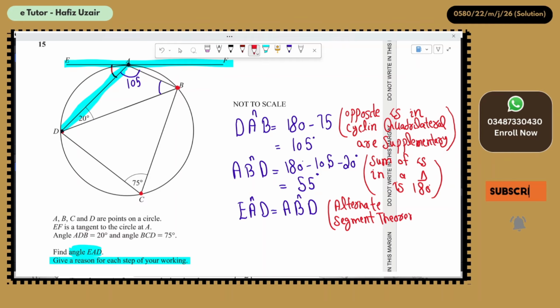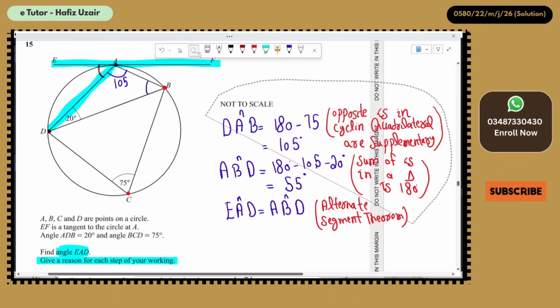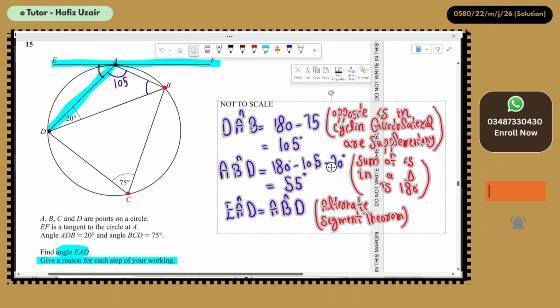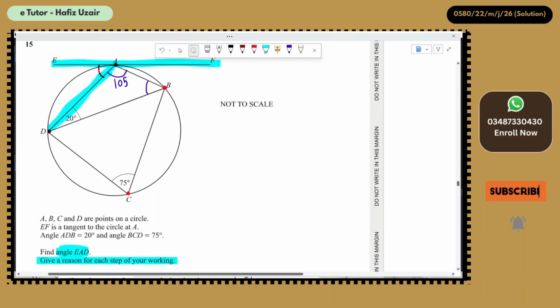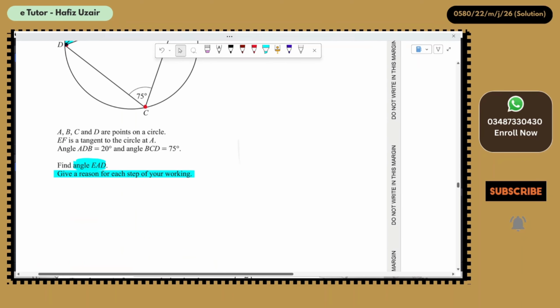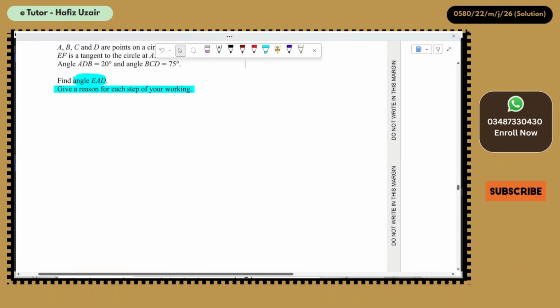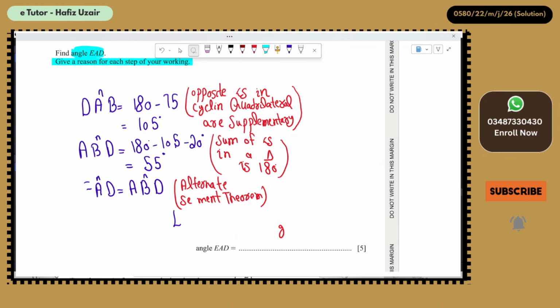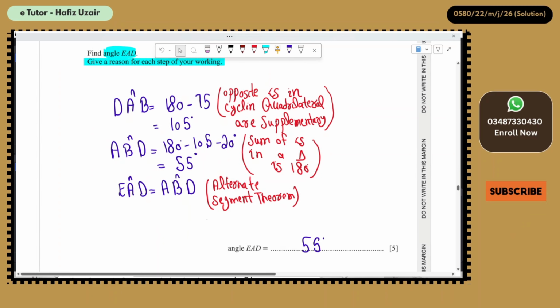Hopefully you understand this. Let's paste this over below. So the answer for EAD is equal to 55. Hopefully you understand this question.